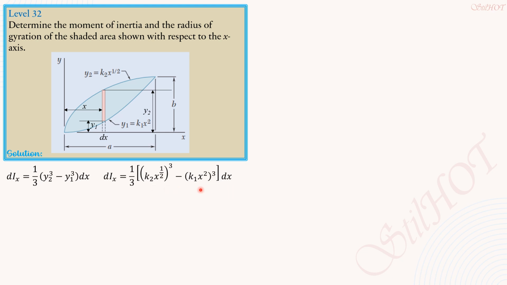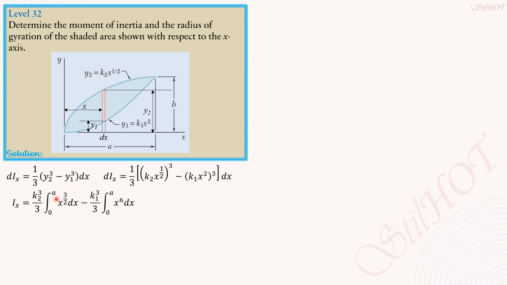Since k1 and k2 are constants, let's just put them before the integral sign and rewrite in the following manner. So k2 cube over 3 integral from 0 to a of x to the 3 halves dx minus k1 cube over 3 integral 0 to a of x to the 6 dx.